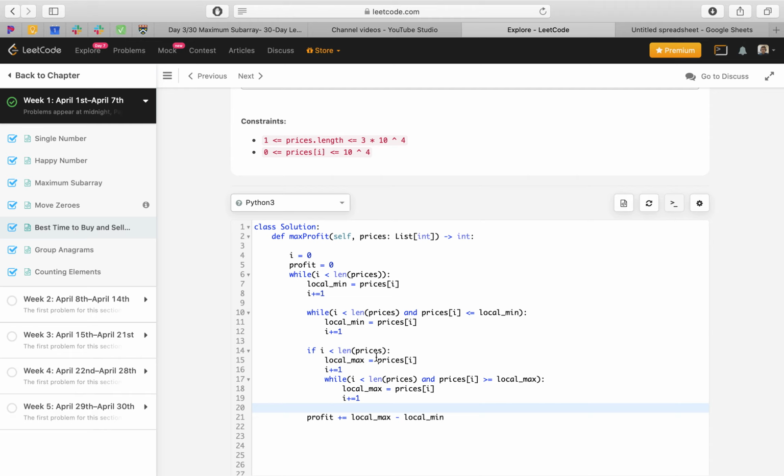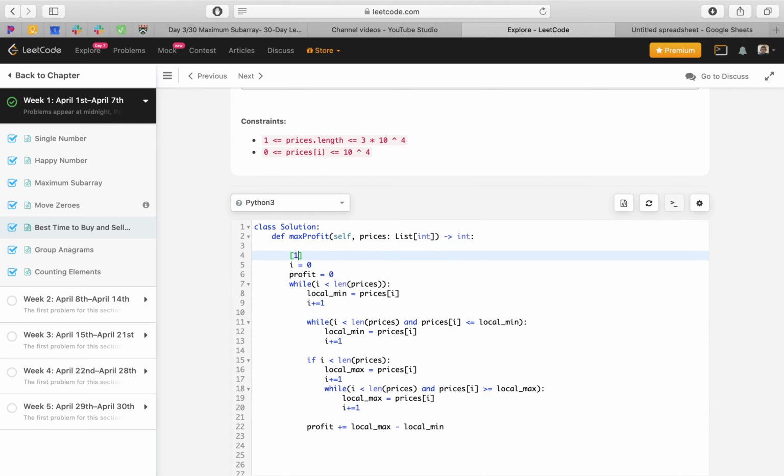So in the case that we have only 2 values, something like 1 and 2 like this, 1 would be the local min, and then the local max would be 2, so it will work.